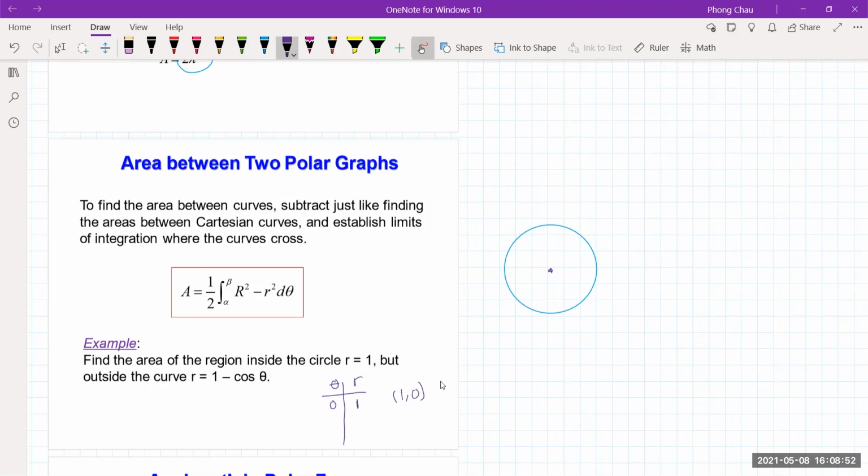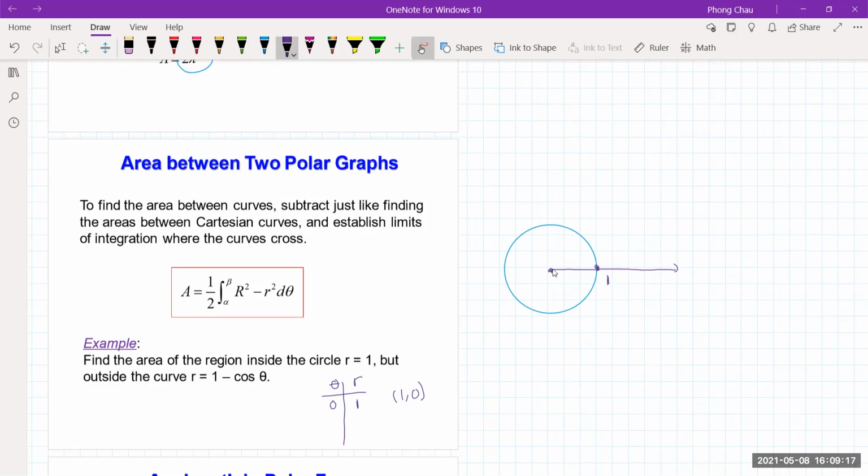So we are at the pole. Where's the point 1, 0? This is our pole and the positive x-axis, right? Don't forget this circle has radius 1, so that is 1, 0.